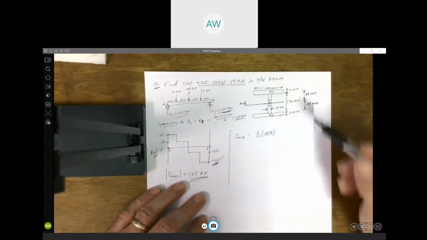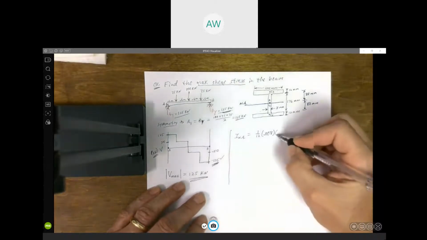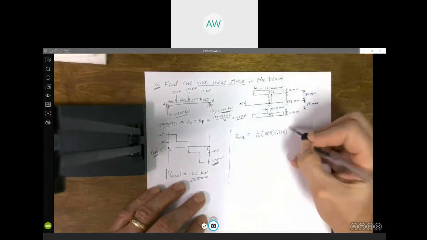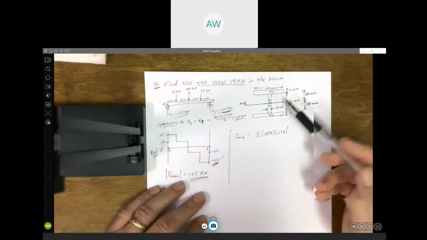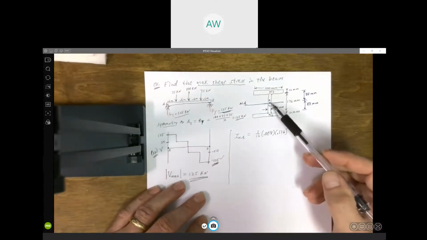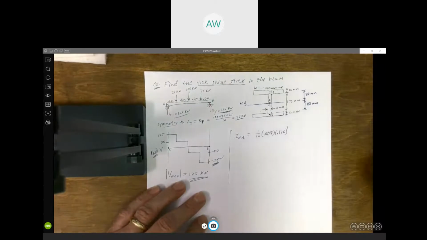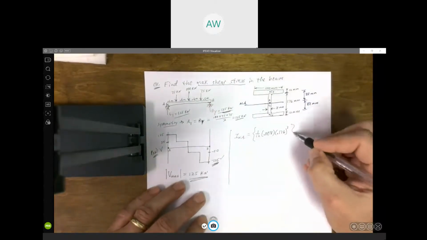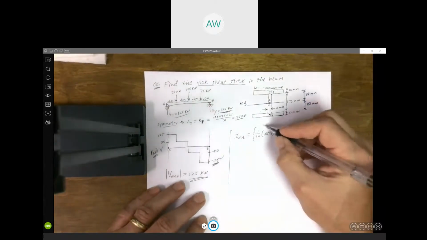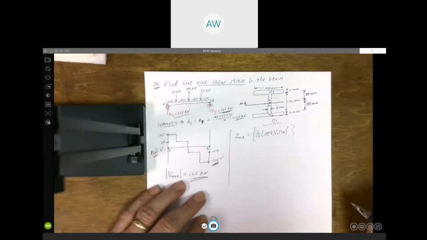So 1/12 base, the height is 176 or 0.176 cubed. And again, its centroid is on the neutral axis, so we don't have to add A D squared. D is 0. All right, so this would be for rectangle 1.